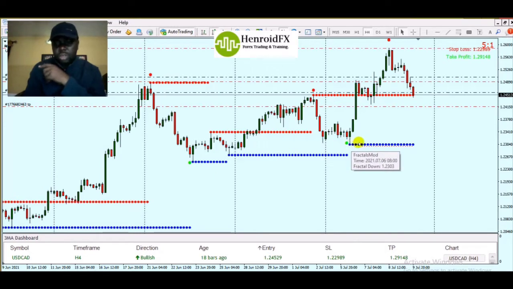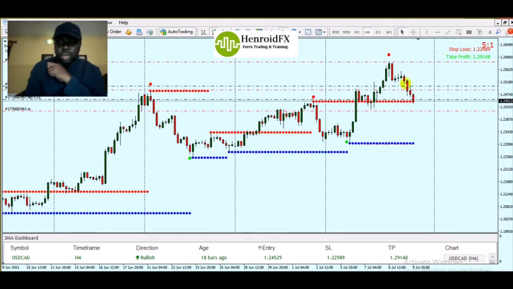Then we've got the original support here, and then pushed up, having something like a pin bar but not a pin bar, and then went up with a very strong bullish candlestick, rested on this support, initial resistance zone that has become a support at this point, and then kicked up again.